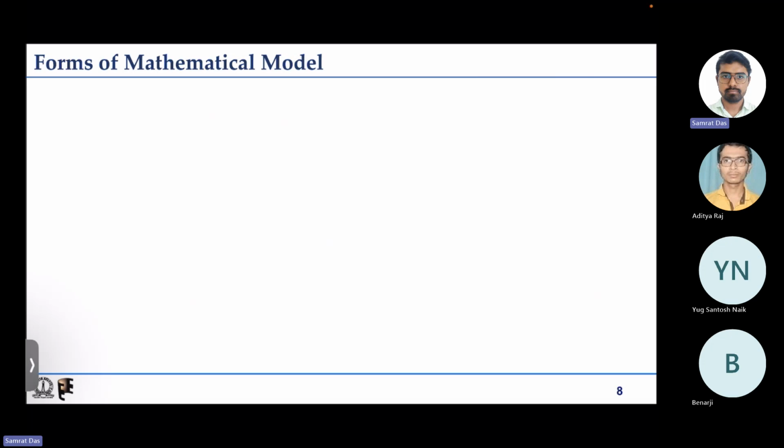So what are the forms of the mathematical model? Obviously, the first, we have already seen, that is most fundamental, the differential equation model.